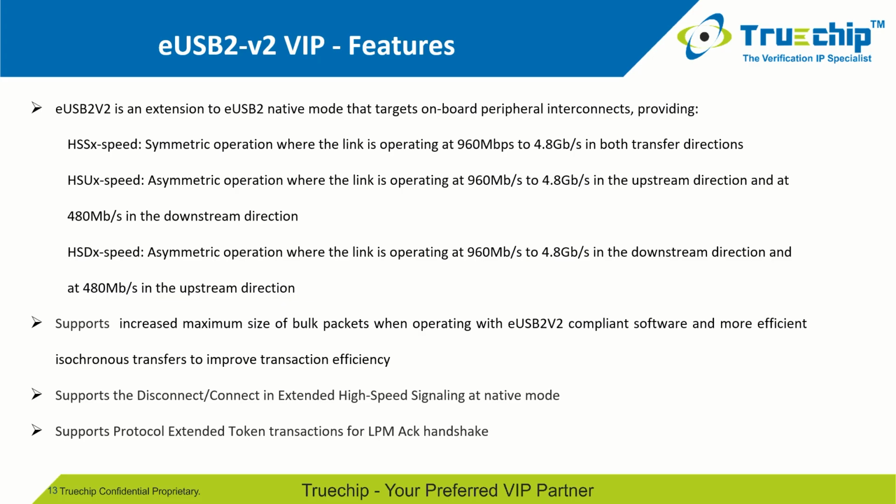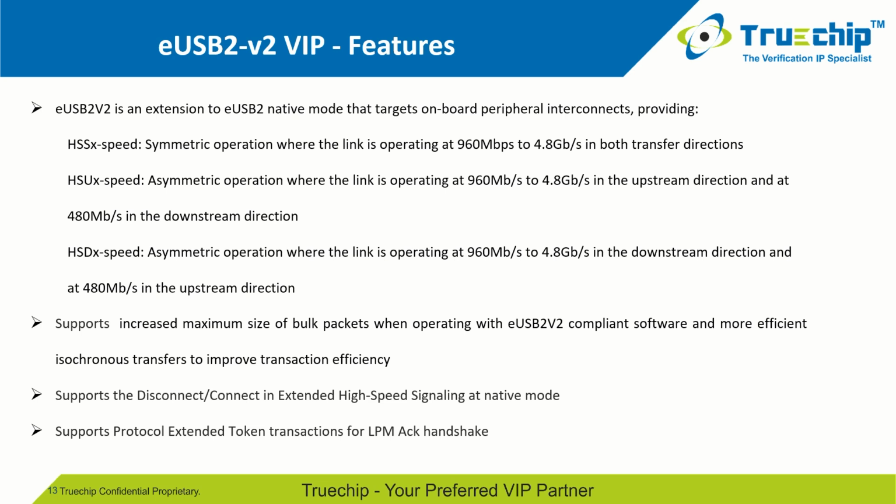It supports increased maximum size of bulk packets when operating with eUSB2 v2 compliant software and more efficient isochronous transfers to improve transaction efficiency. It supports the disconnect or connect in extended high-speed signaling at native mode.